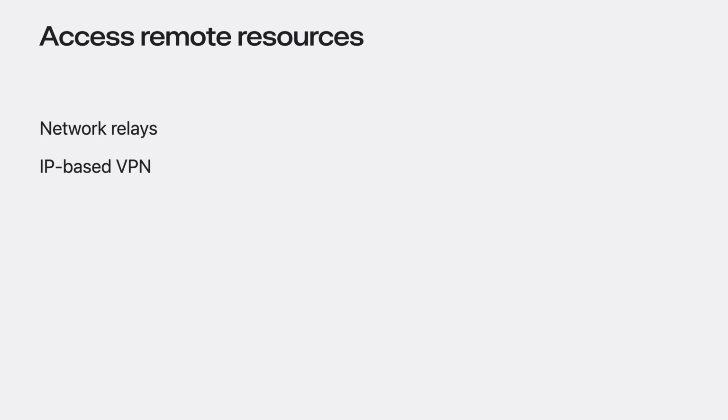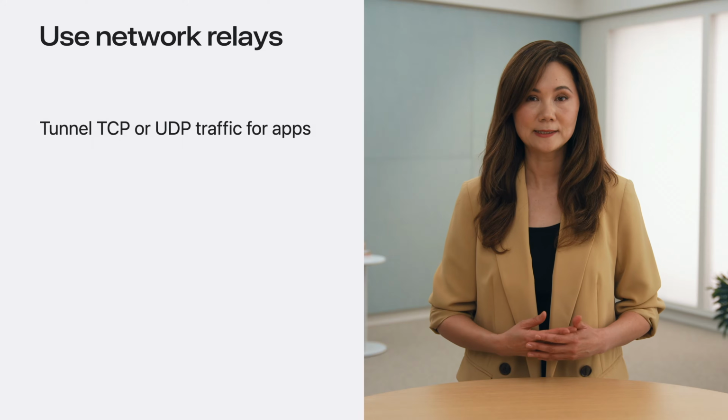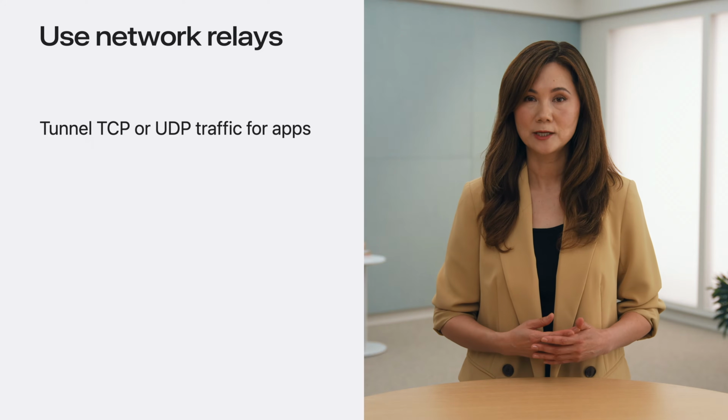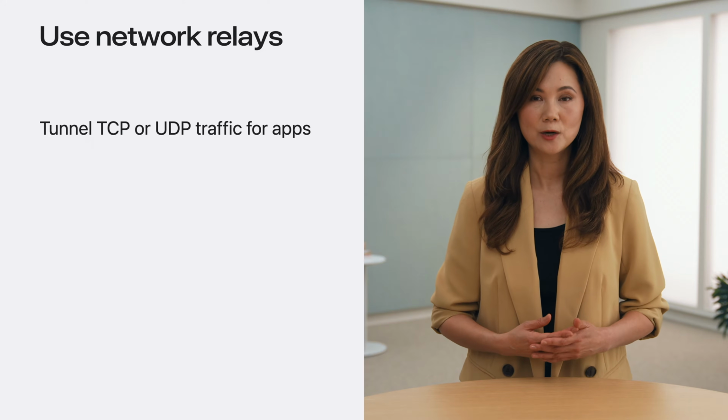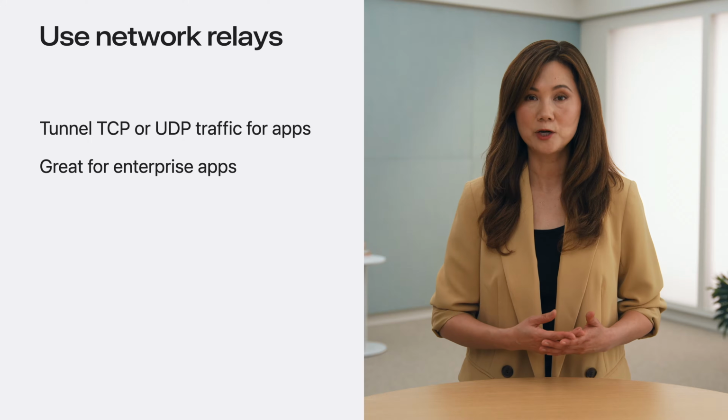Use the one that best suits your need depending on the type of traffic you want to tunnel. Consider network relays instead of traditional VPNs when you want to tunnel TCP or UDP traffic to access specific apps. For example, cloud-hosted enterprise apps like for email or collaboration are a great fit for relays.